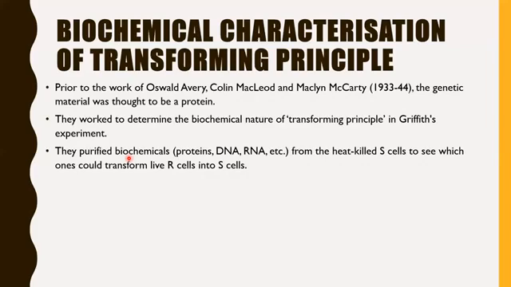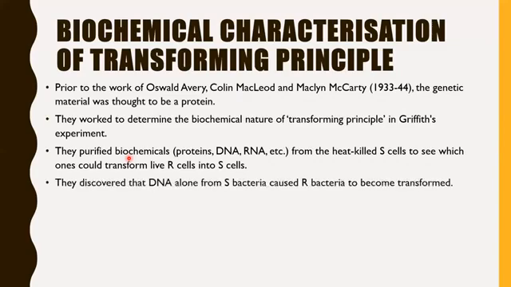They never knew about the specific chemical component responsible for the bacterial transformation. But they had a doubt on proteins, DNA, RNA, and some other chemical components. So that's why they isolated such chemical components from the heat-killed S strain cells.